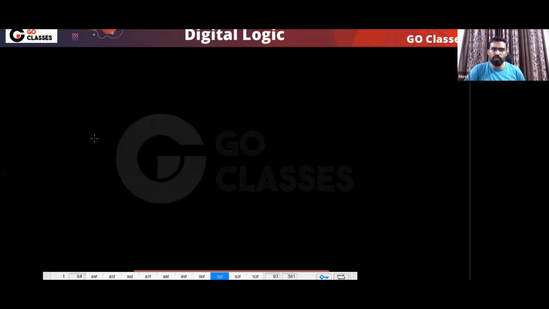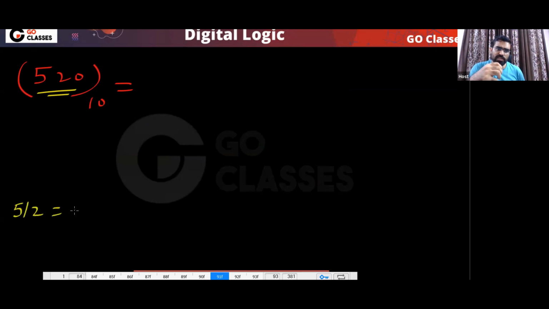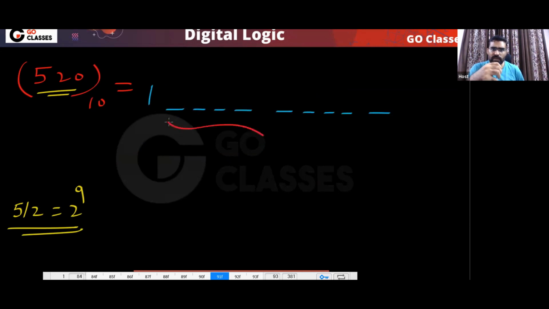Is it clear? Whatever you have, you can very simply calculate. Tell me, what will be 520? What is the closest? The closest is 512, that is 2 power 9. So there will be 9 spaces.